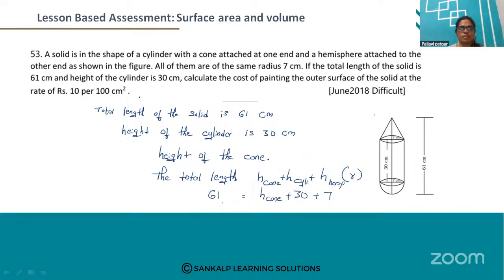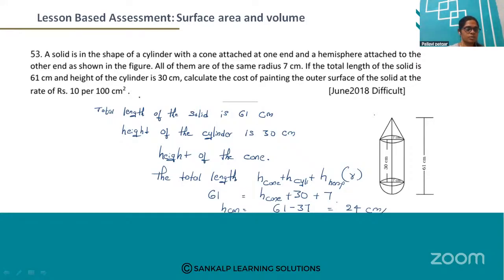So the height of the cone is equal to 61 minus 37, which is 24 centimeter. This is the height of the cone.